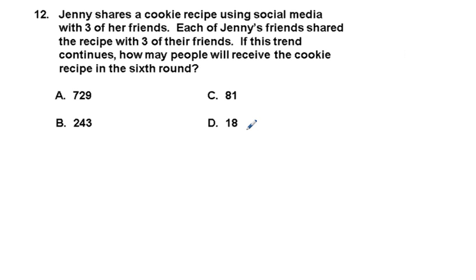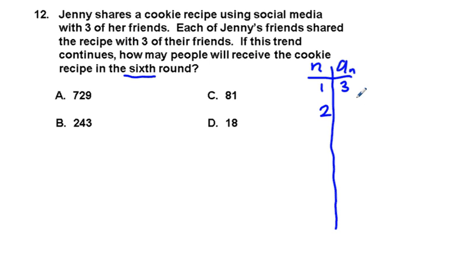12, Jenny shares a cookie recipe using social media with 3 of her friends. Each of Jenny's friends shares the recipe with 3 of their friends, and this trend continues. So what we have is the 6th round. Well, we have n, a sub n. In our first round, Jenny herself shares with 3 friends.